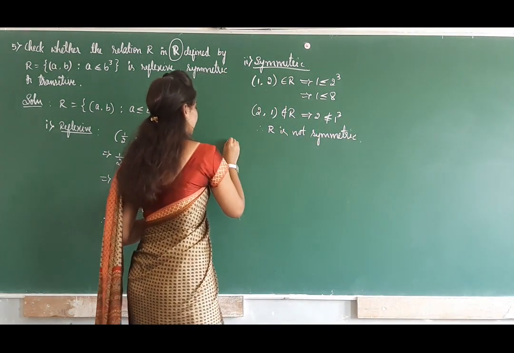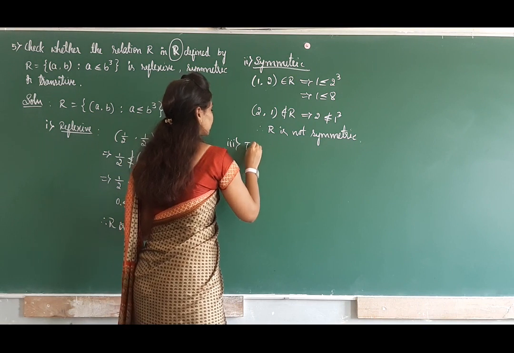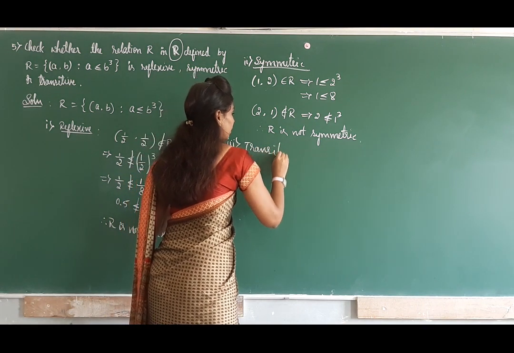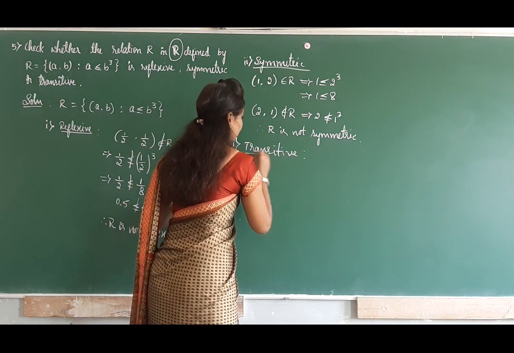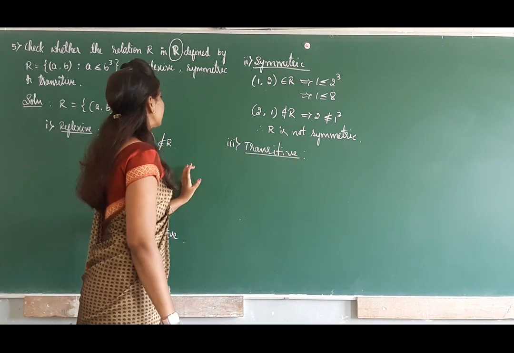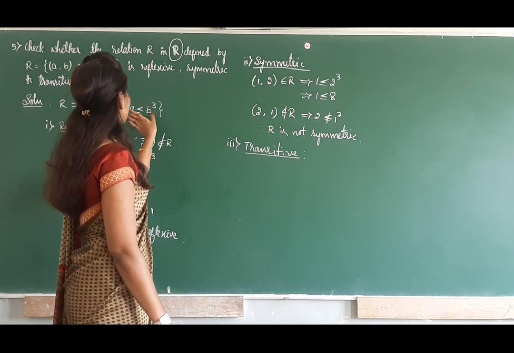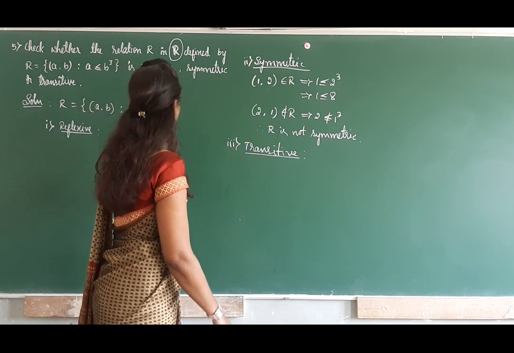And the third condition, transitive. For transitive, we have two ordered pairs satisfying a is less than or equal to b cubed.